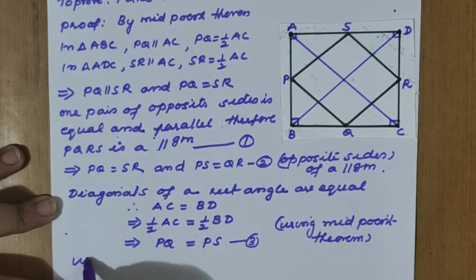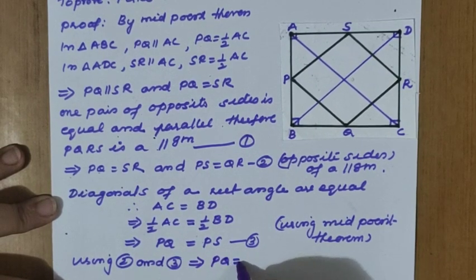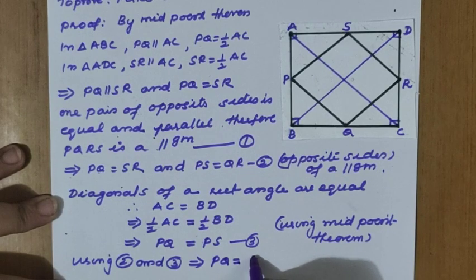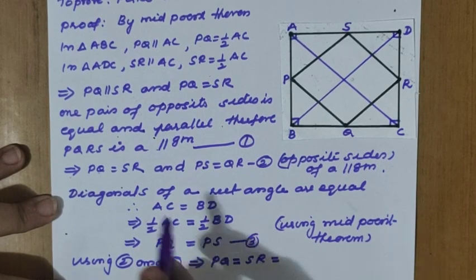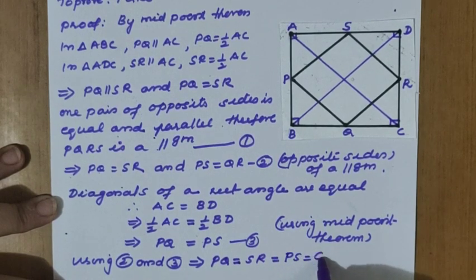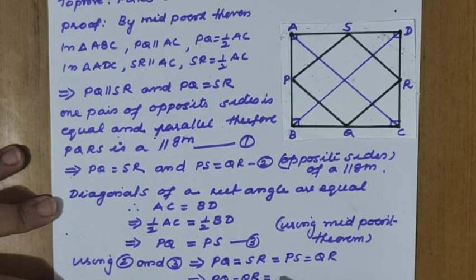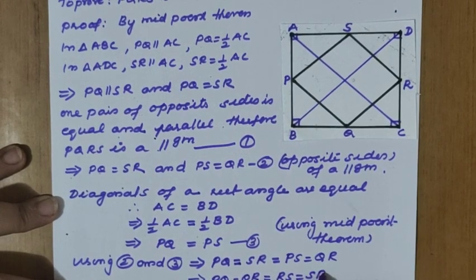Now using 2 and 3, what can we write? PQ equal to SR. PQ is also equal to PS. PS equal to QR. Now we will write in order: PQ equal to QR equal to RS equal to SP. That means all the four sides are equal.